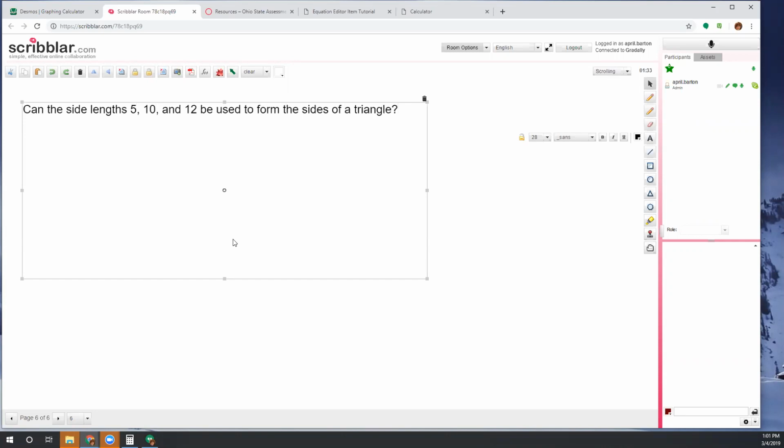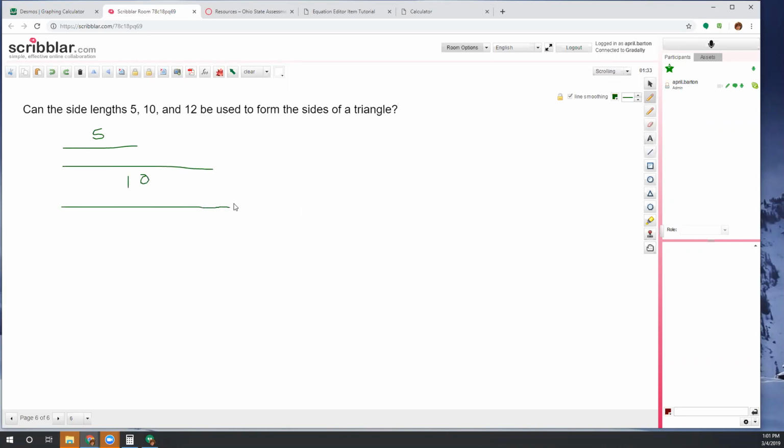So if they gave you 3 sticks and one stick was 5 centimeters, one stick was 10 centimeters, and one was 12, could those actually then be connected and make a triangle? Yes. It looks like they can, but you can't just always trust the pictures. The issue you might have is maybe your side lengths are too small.